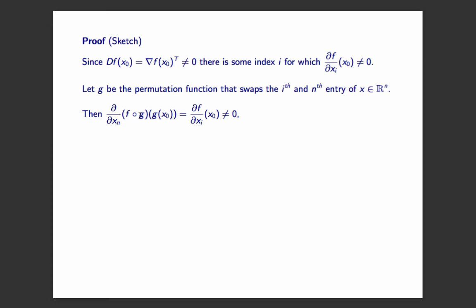Remember that G is its own inverse. If I swap the ith and nth entry and then swap them again, I get back to where I started from. So if I take the ith entry, swap it to the nth entry, take a derivative, I know it's not 0 at the ith entry, and then swap it back, I just get the ith derivative, which we know is not 0.